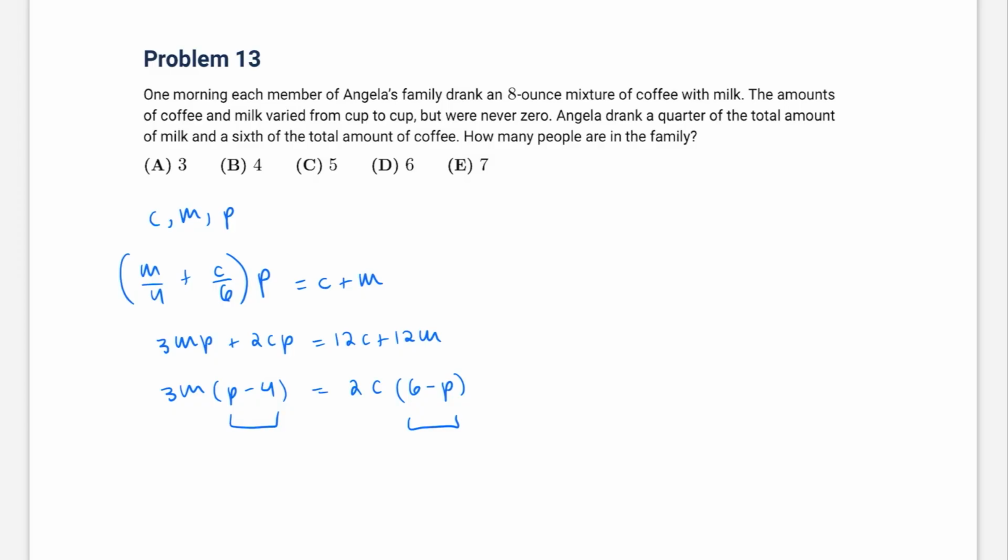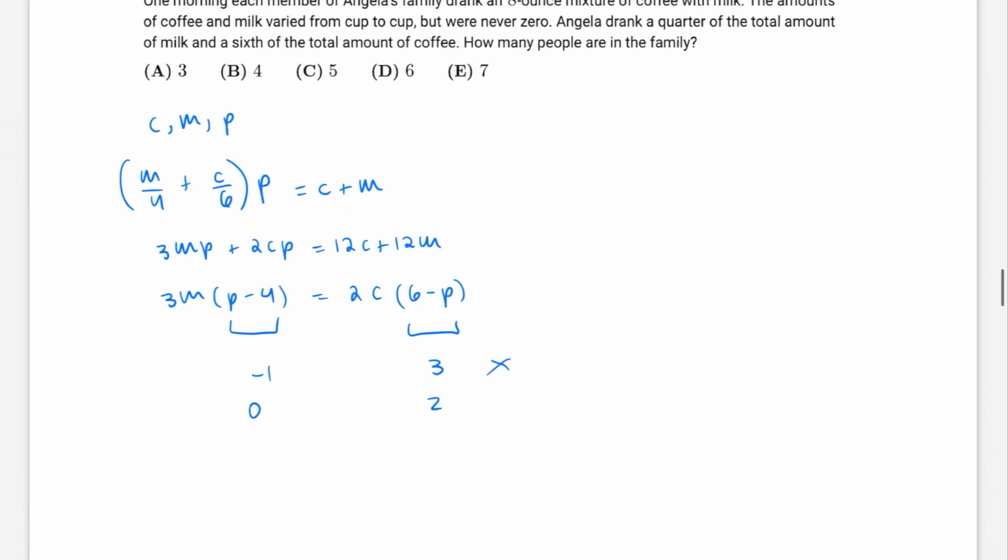So if P equals 3, we get -1 and 3, which are not the same sign. If P is 4, we get 0 and 2. If P is 5, we get 1 and 1. If P is 6, we get 2 and 0.